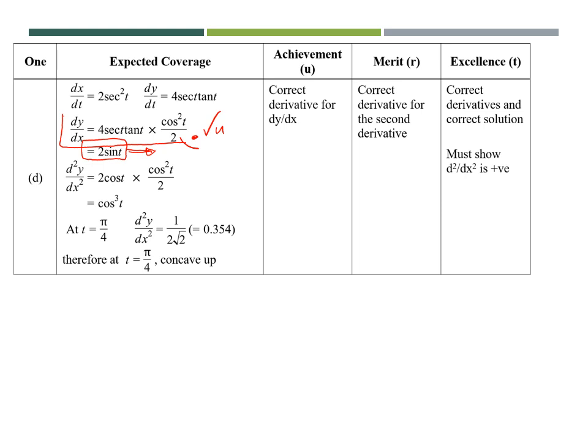And from here you could have actually had 4 sec t tan t times 1 over 2 sec squared t as well. That would be okay. Correct derivative, so getting into here, understanding that would be your merit, and then getting your answer and actually saying that it is concave up, that is your excellence tick. Make sure you answer the question.